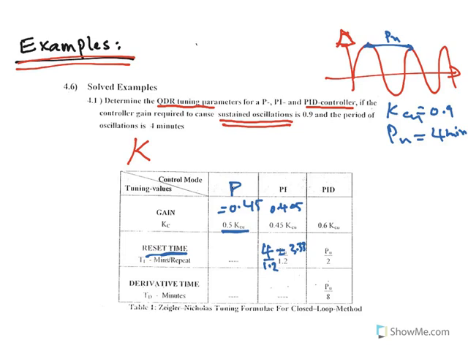For the PID, we have 0.6 multiplied by Kcu, which gives 0.54. Pu, which is 4, divided by 2 is 2. And finally, Pu over 8 gives the derivative time, which is 1 over 2. So this is a clear and direct example with the given ultimate gain and ultimate period.